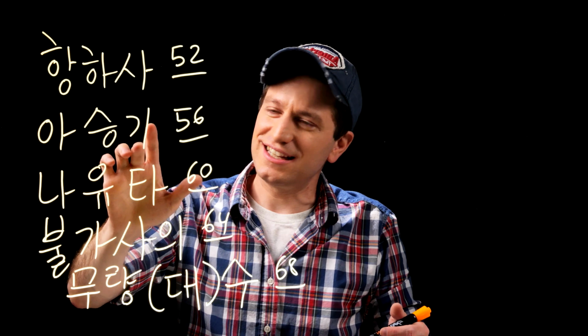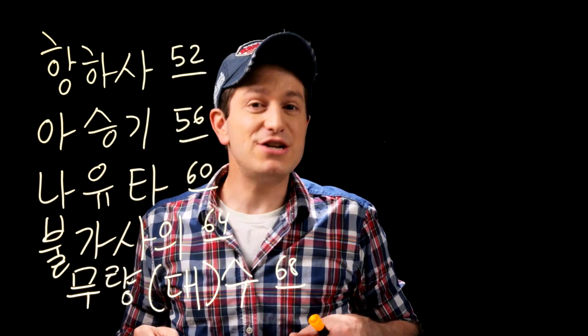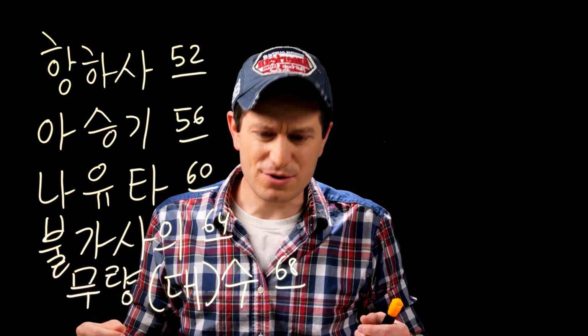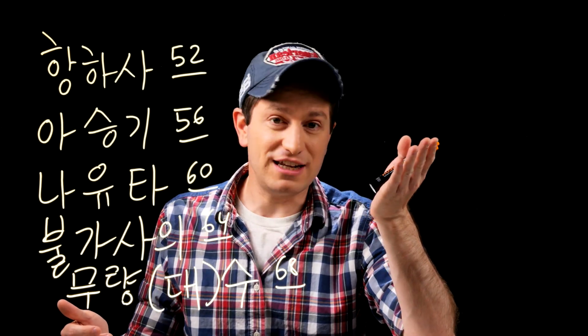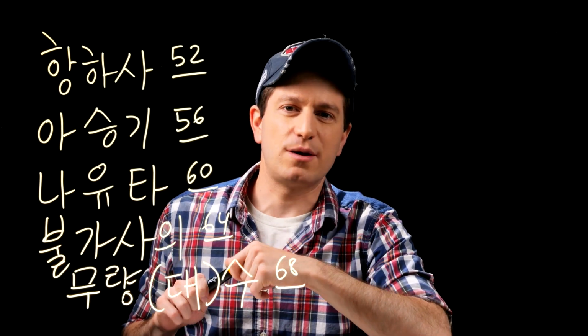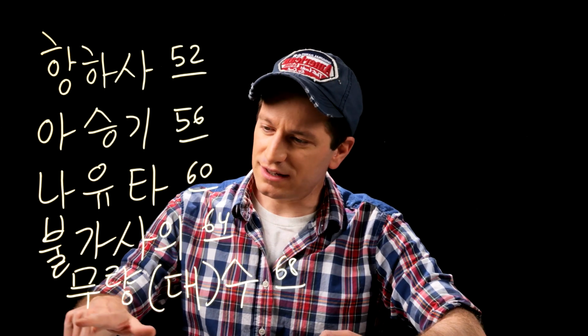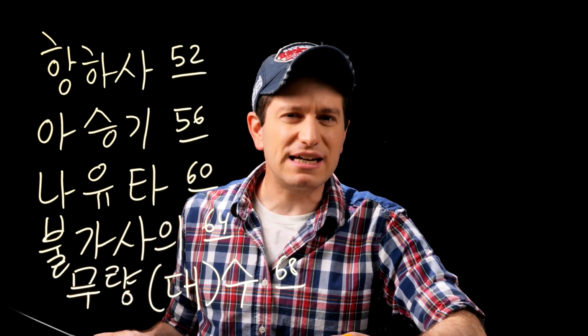The next, 아승기, is also from a Sanskrit metaphor and means immeasurable number, followed by 나유타, which is 60 zeros, and that is another metaphor that means close to infinity, followed by 불가사의, which is 64 and means incomprehensible. Now, if anyone knows the origin of some of these as far as like Buddhism is concerned, please let me know in the comments. And finally, 무량대수, or just 무량수, immeasurably big number.